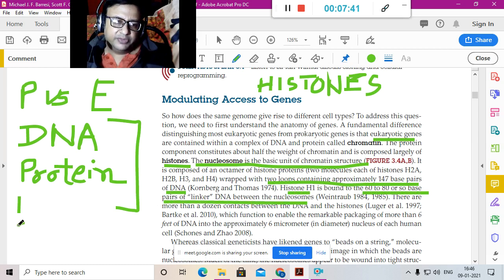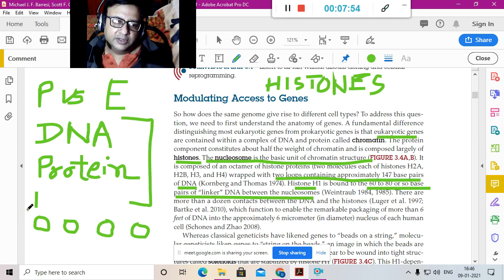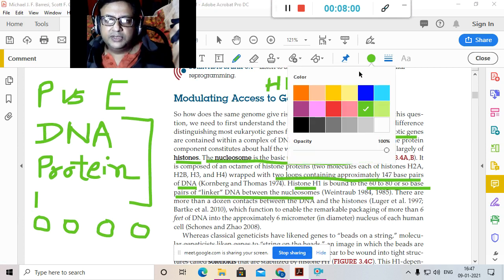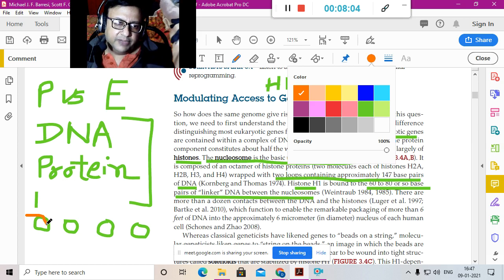So you have, this is one nucleosome, another nucleosome, histone core. You have the DNA coming over here. After roughly two turns, the DNA comes over here.